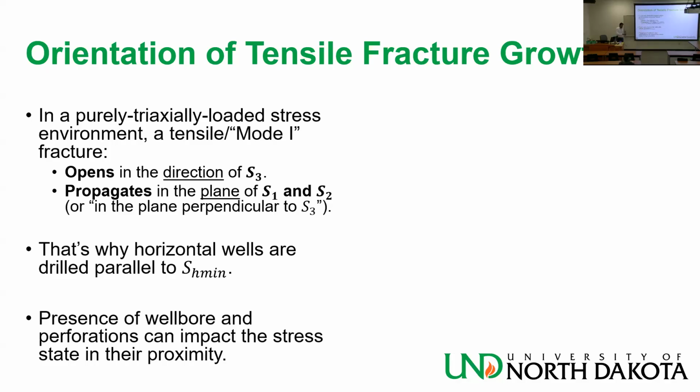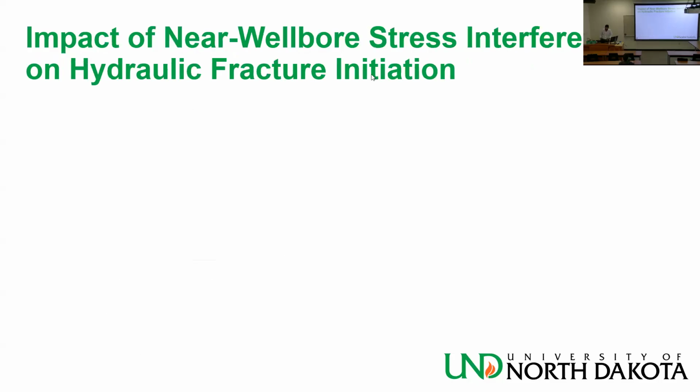But what is S1, S2, S3 can vary. In the first exam and the first module, we said it's SV, SH max, SH min. Now we are saying it's sigma RR, sigma ZZ, sigma theta theta. So the same problems can be reworked to account for the presence of the wellbore.